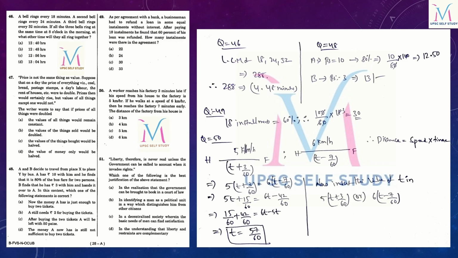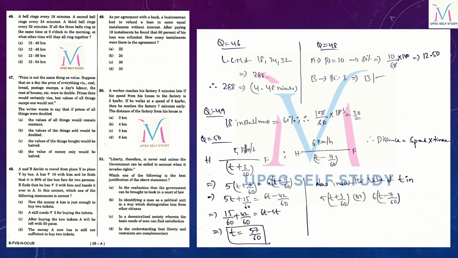So before the actual time, 7 minutes early he is getting, and since he is walking in kilometers per hour, we have to keep the 60 there. So now if we calculate, 5 into t plus 3 by 60 is equal to 6 into t minus 7 by 60.